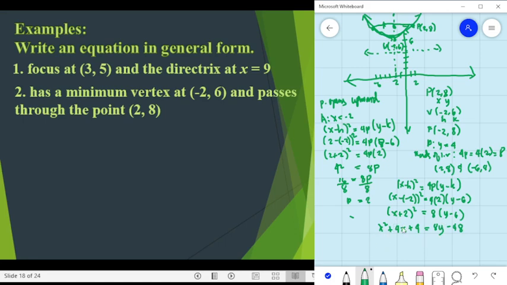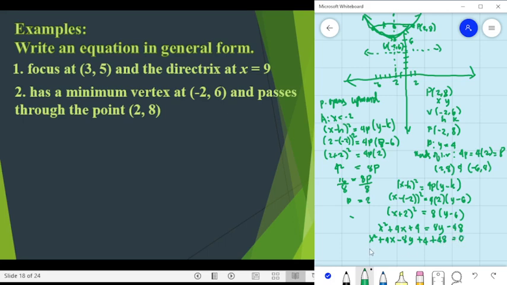Okay, simplifying further, we are adding both sides with negative 8y plus 48 so that the right side becomes 0. So we have x squared plus 4x, 8y now becomes negative 8y, then copy positive 4, then negative 48 now becomes positive 48 is equal to 0.